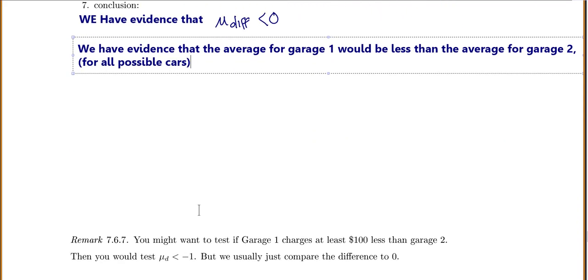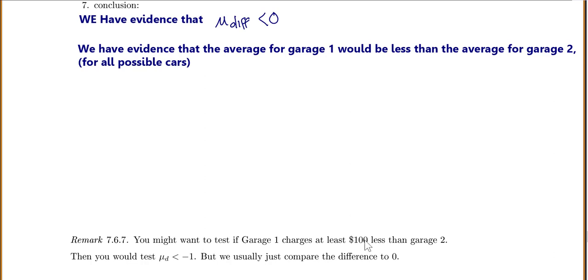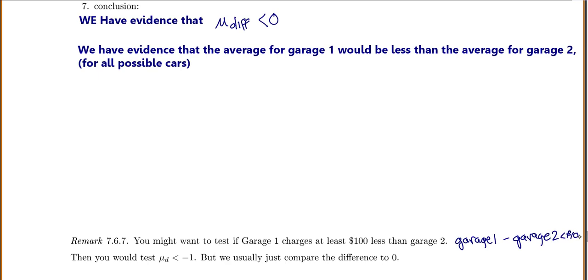And just as a side remark here, we just tested to see if garage 1 was less than garage 2. Sometimes if you're being more advanced, you might want to test something like, is garage 1 at least $100 less than garage 2? So then if you do garage 1 minus garage 2, you want to see if that's less than $100.